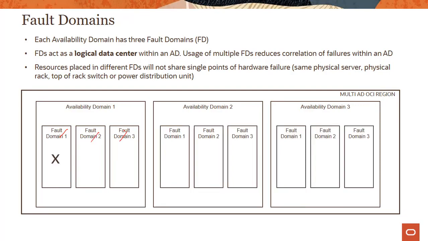If fault domain 1 is not available for some reason, you still will have fault domain 2 and fault domain 3 running. So literally what we have done is in a region, first we had these availability domains which were physical data centers, and we carve out logical data centers within them, and we are giving you three logical data centers within each of these ADs.